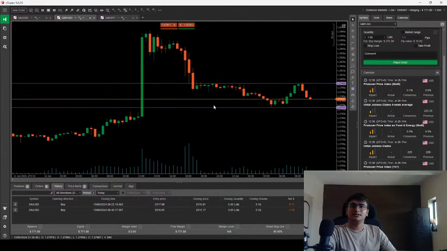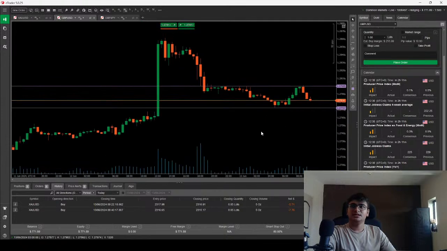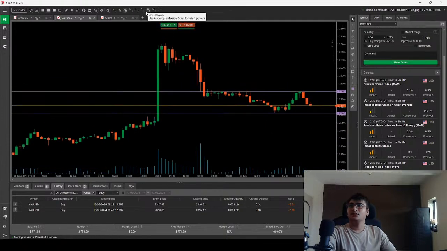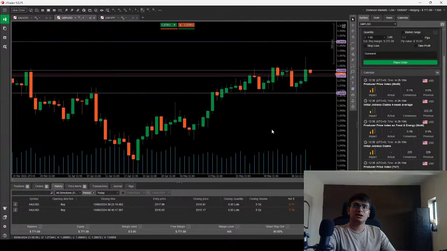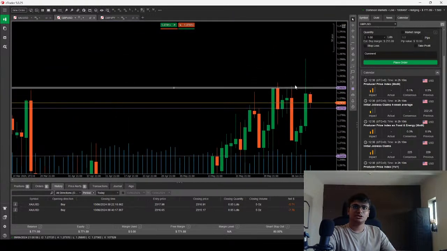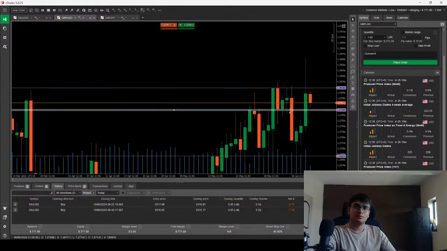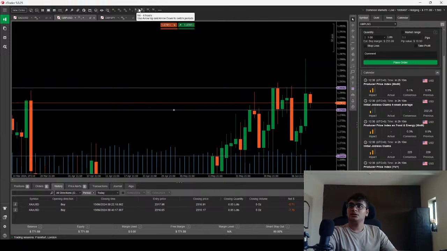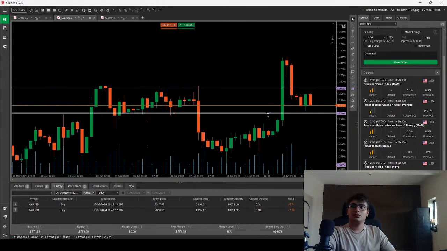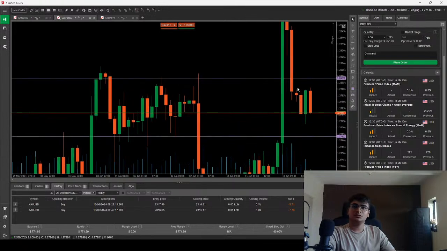Let me take a look at GBP USD. What do we see here? Let's jump to the daily time frame. First of all, we see a strong rejection and close in the range. Price is coming to a strong support as well.